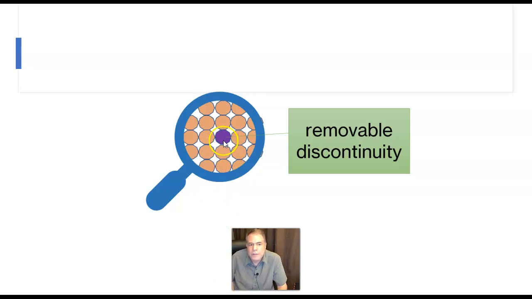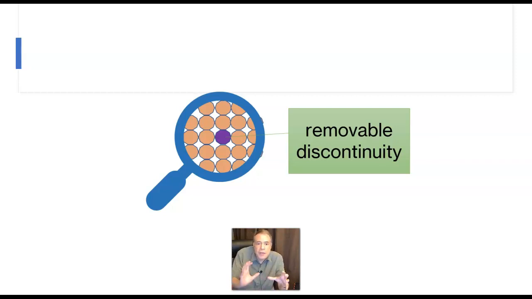And if it's the kind of discontinuity that we could fix by changing or assigning the correct, appropriate color at that point to be what it should be to match all those nearby points, that is, we'd assign the color to what the limit is, then we would call that a removable discontinuity.